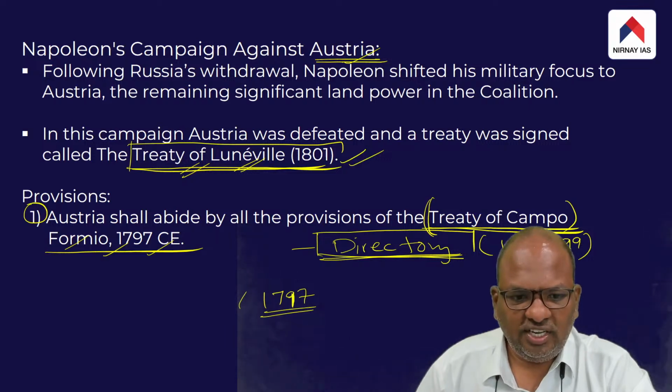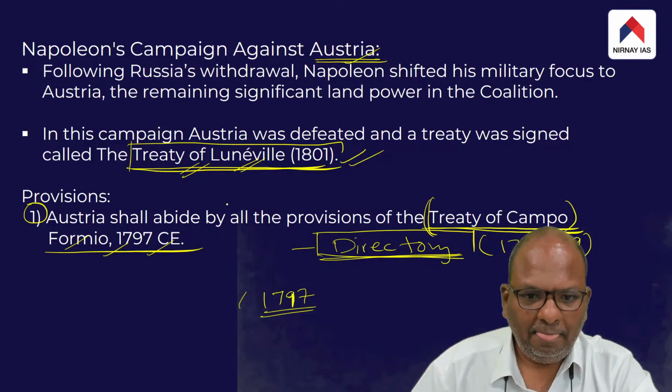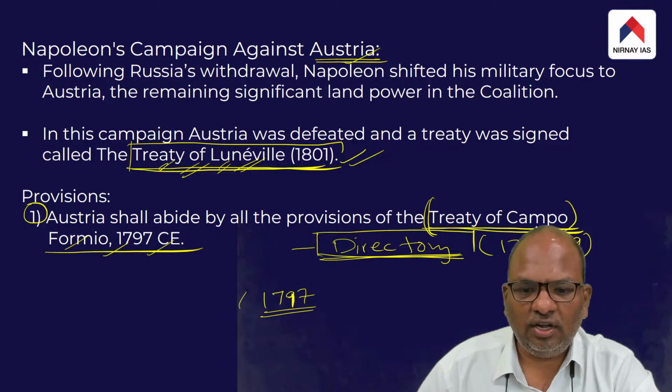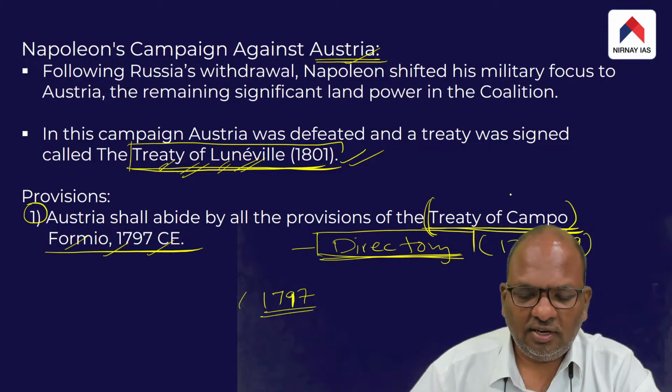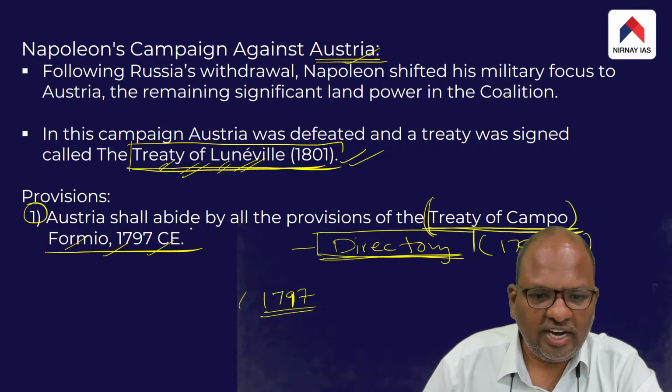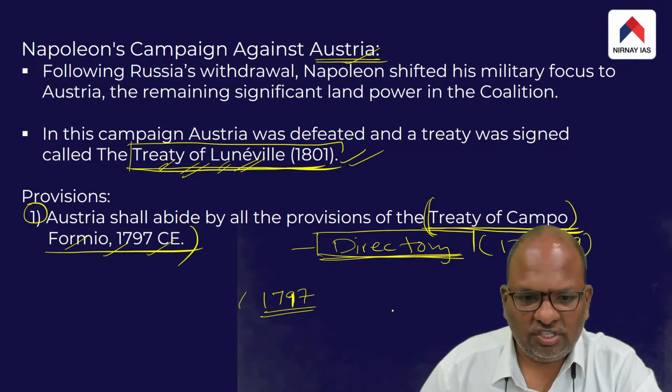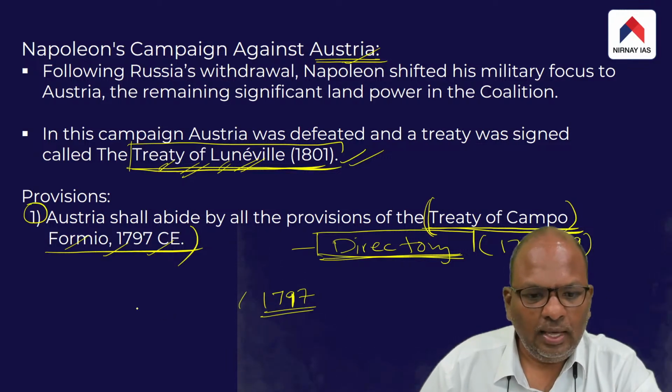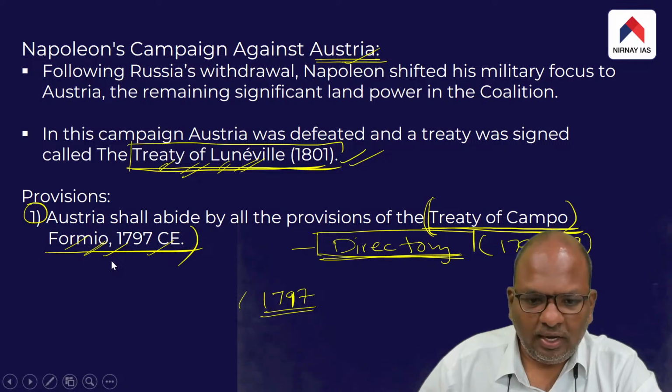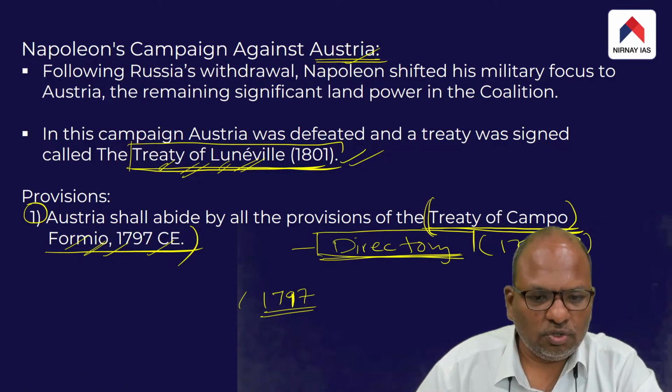So what happened in this treaty? Under this treaty, Austria once again agreed to implement all the provisions of the Treaty of Campo Formio. The Treaty of Campo Formio was an agreement between France and Austria reached in 1797, but it began to be violated by Austria in course of time.